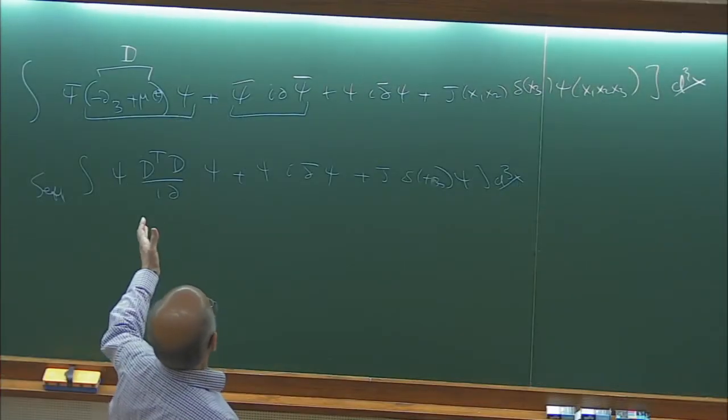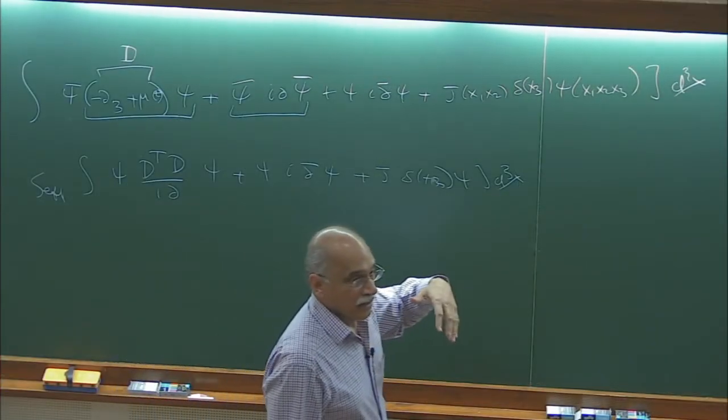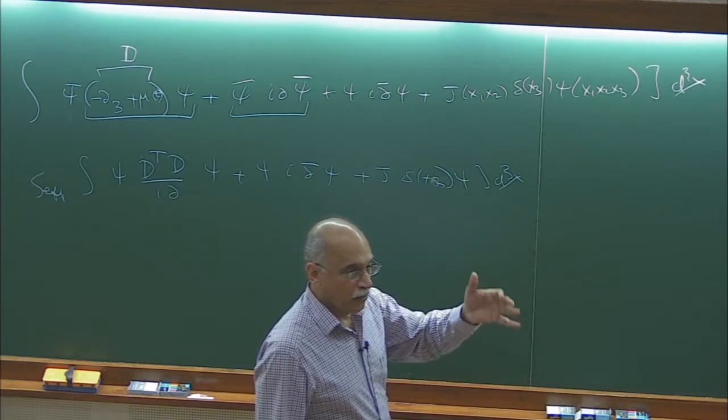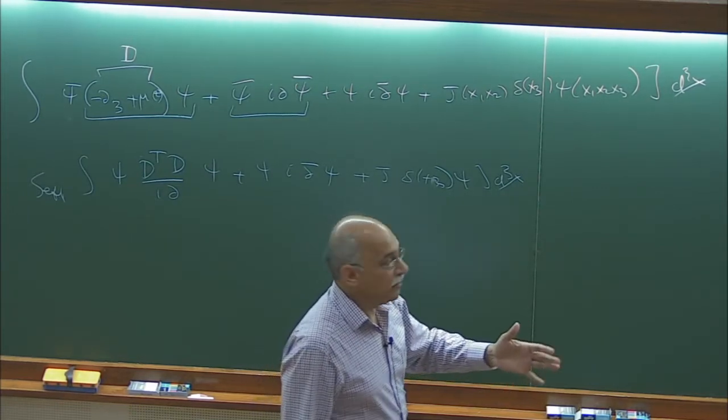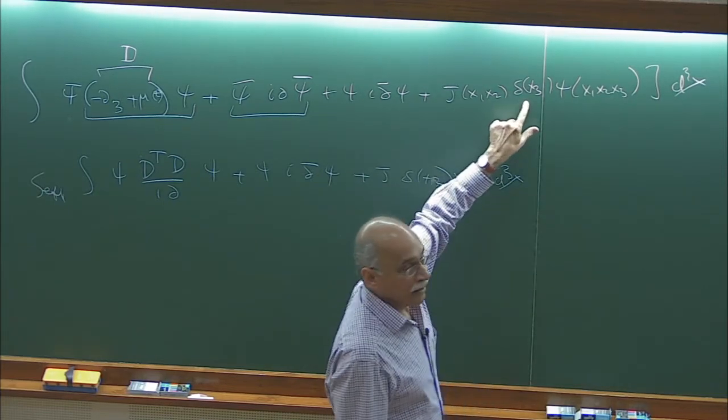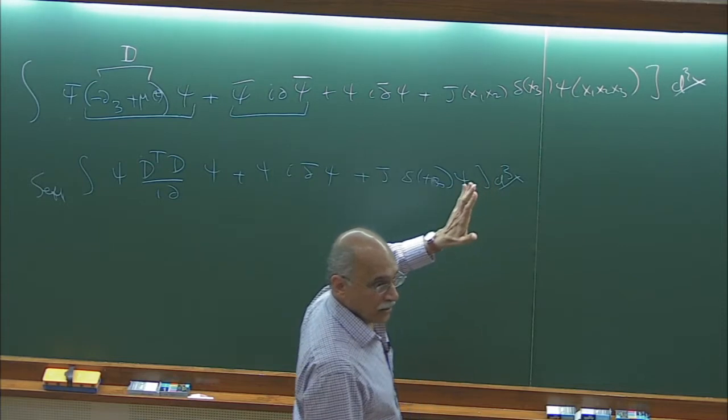Well, all these psis depend on x1, x2, and x3, right? Because you had a Hamiltonian in 2 dimensions, and you're doing a path integral over Euclidean time, so that's the third argument. And the source enters only at time t equal to 0. Remember how I did the integral?